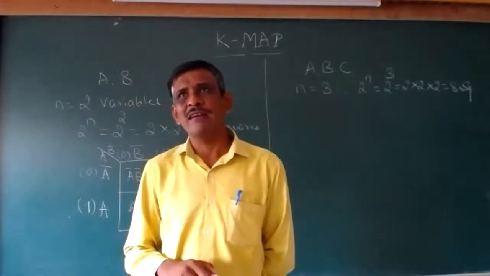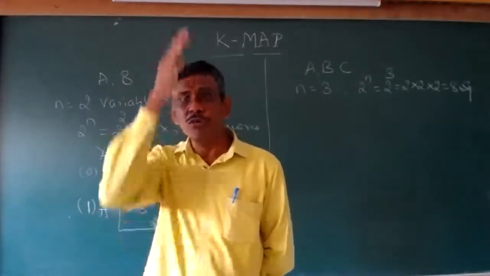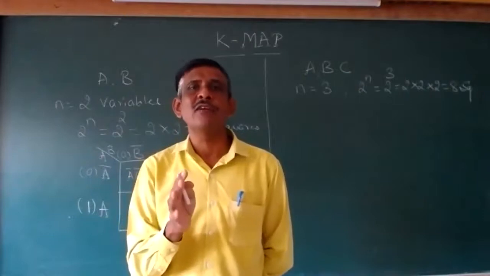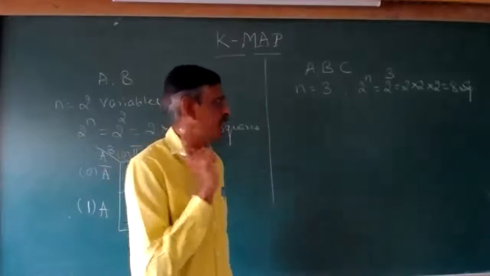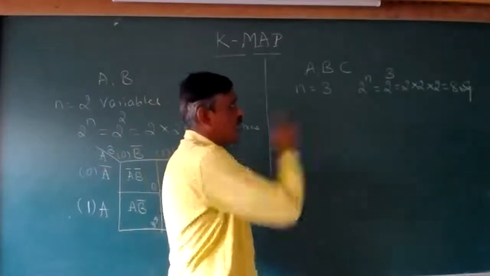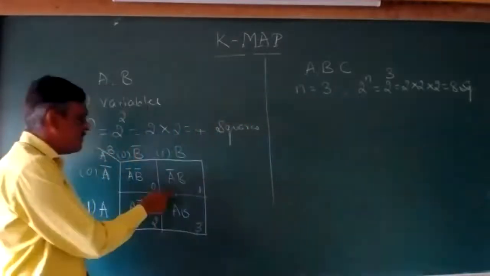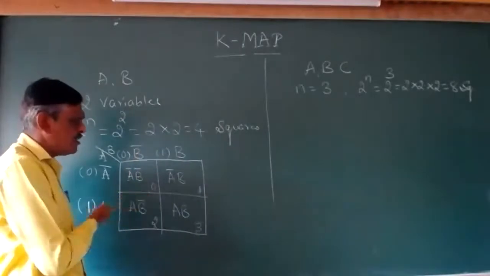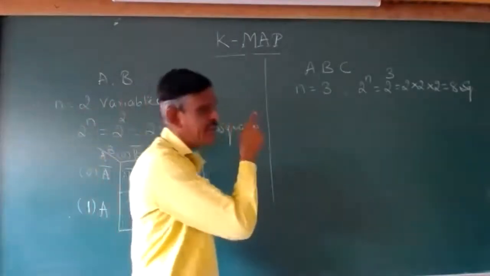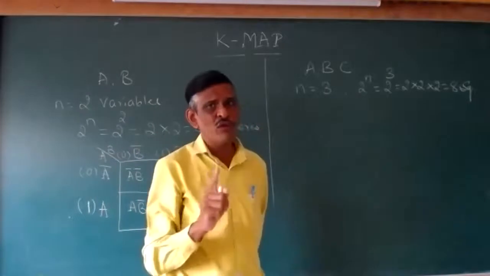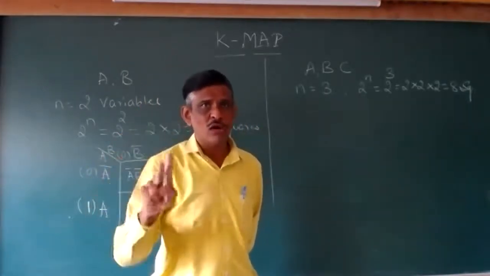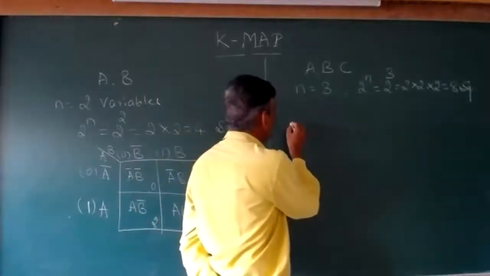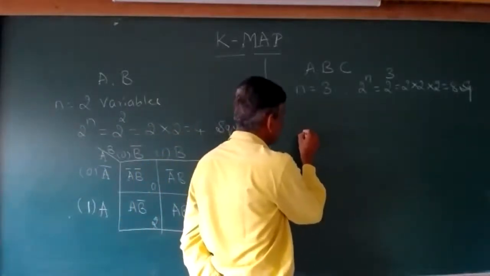We should not write 4 rows into 2 columns. It is invalid, not a K-map. Try to understand this. This is very important here. How to draw the 8 squares. For 2 variables, we are not worrying because it's equal, 2 rows, 2 columns. But in case of 3 variables, we should follow the Karnaugh map method, that is 2 rows and 4 columns. You draw now.